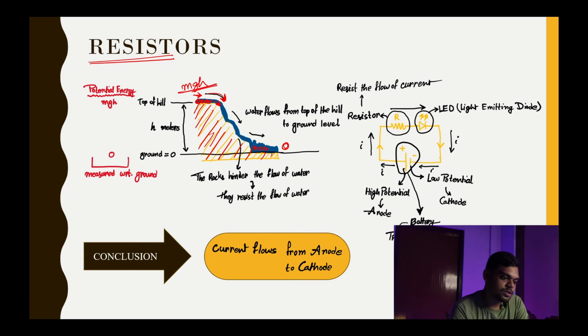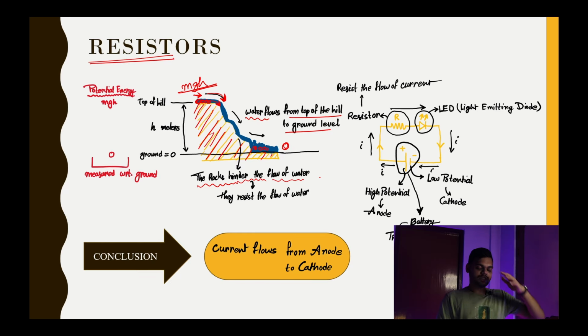So thus the water flows from the top of the hill to ground level, and the rocks hinder the water flow. What does it mean? Let's imagine we have a hill here and water molecules are sliding or falling from the top of the hill to the ground level through a ramp, and on that ramp we place some stones.